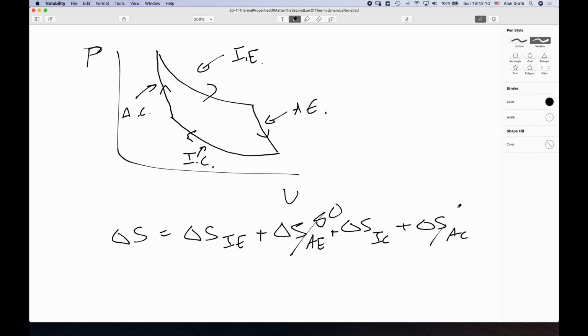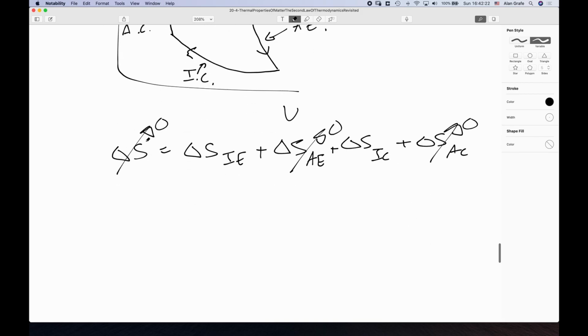The adiabats we already saw give us delta S's of 0, and we know that because this is an ideal engine, delta S is 0 for an entire cycle.